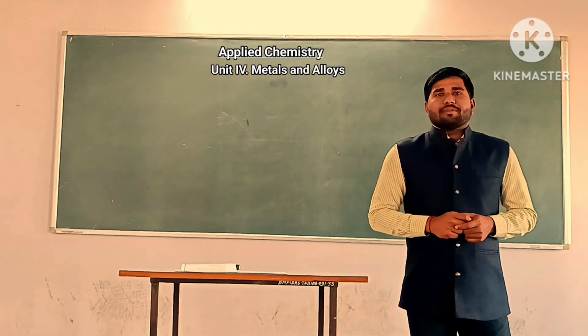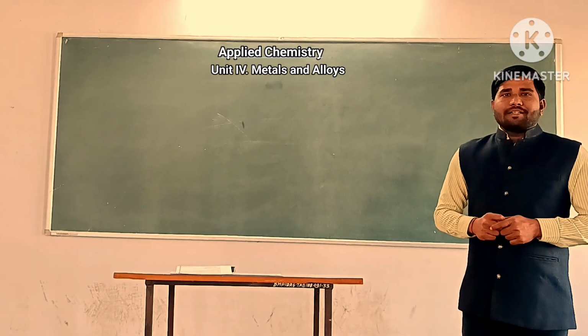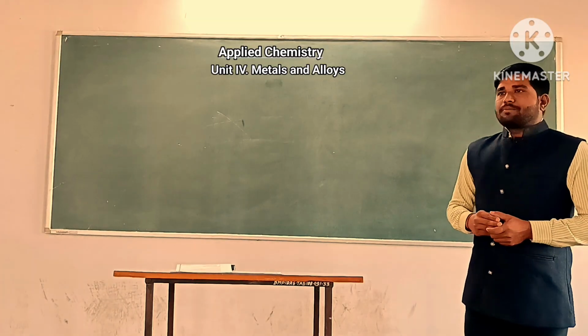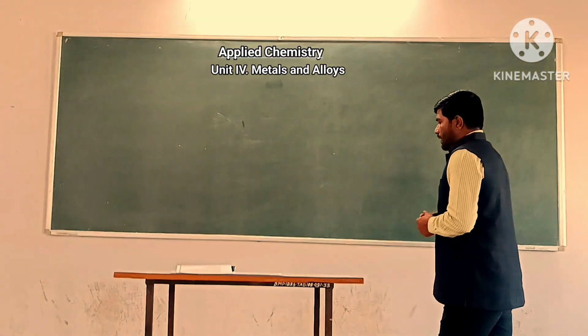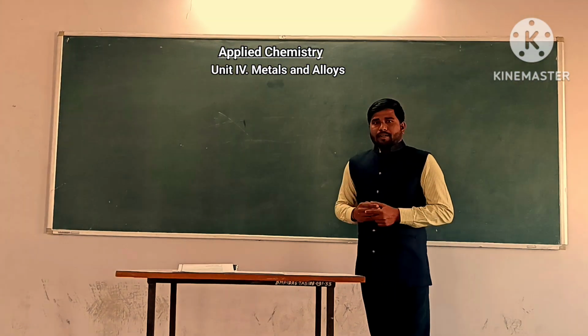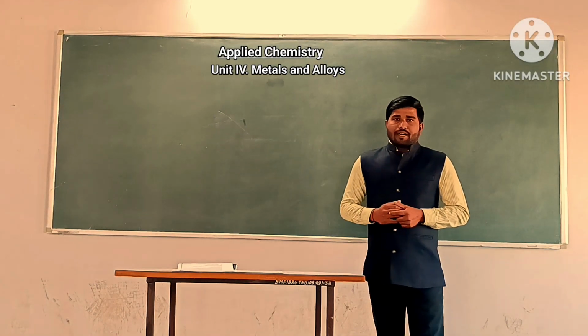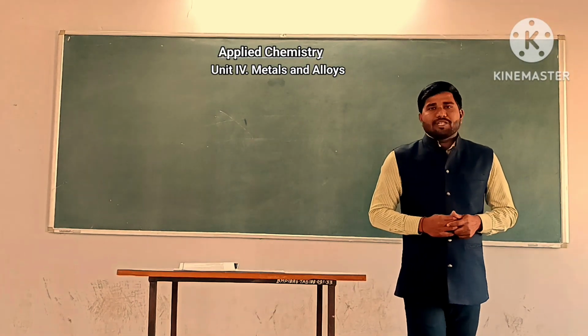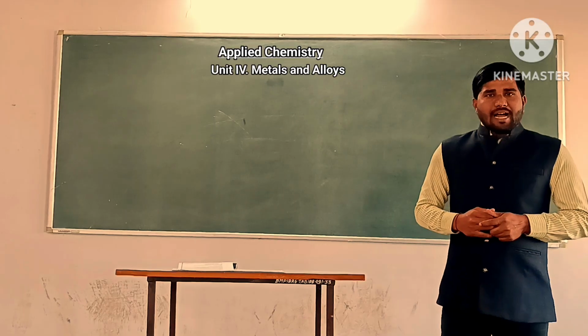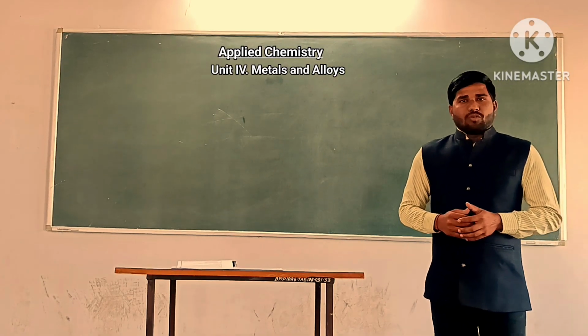The physical method can again be divided into 3 different types: one is the gravity separation method, another is the magnetic separation method, and the last is the flotation method.